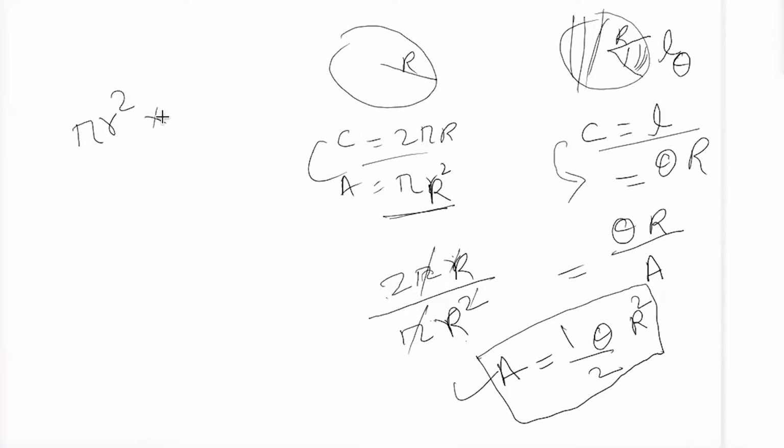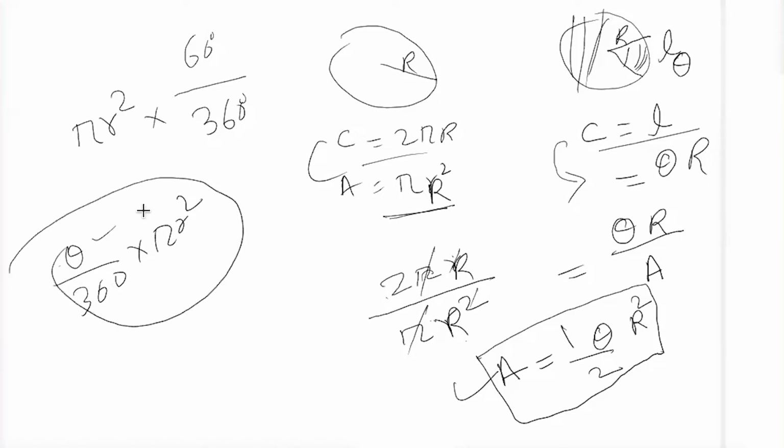Then if we want to calculate the area of only a portion of the circle, we just divide the part of the angle by the total angle. Like if you want to calculate the area for 60 degree, then 60 degree divided by total angle. Total angle is always 360. So we can use this formula also, theta by 360 into pi r square.